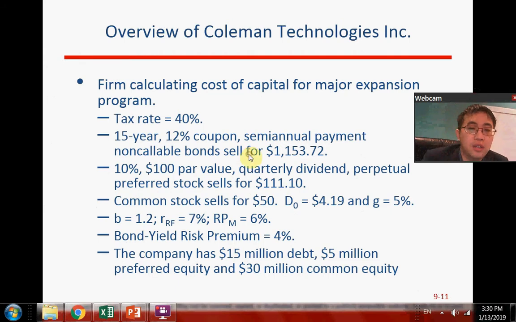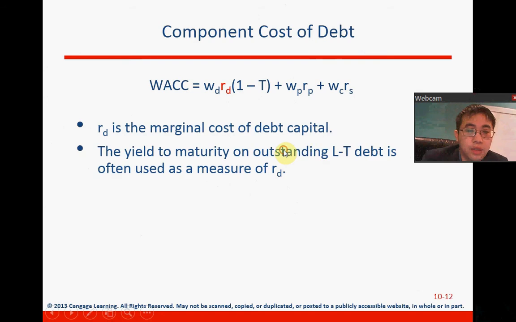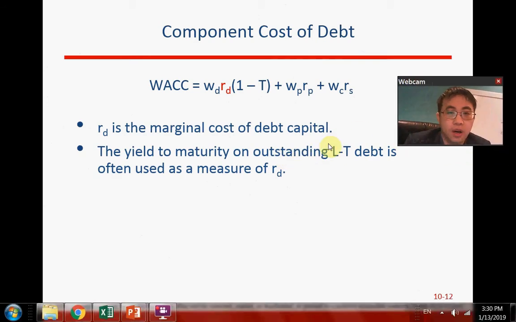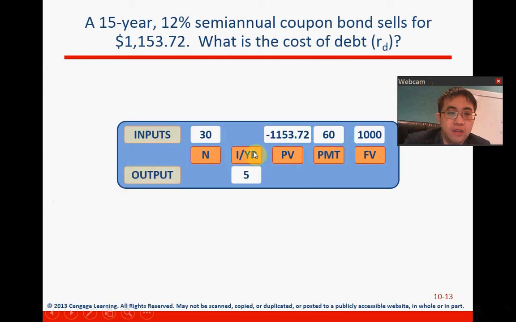So RD is the marginal cost of debt, and yield to maturity basically is used as RD. This is the information you had from the problem set. This is a 15-year, 12% semi-annual corporate bond sold for this market price. So that's your setting in a calculator.